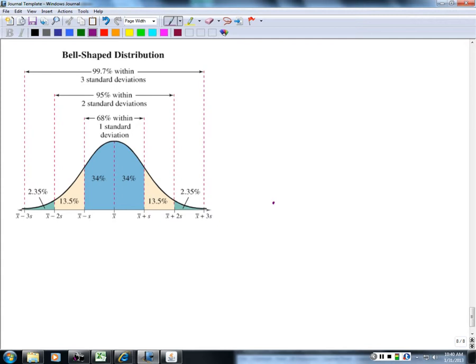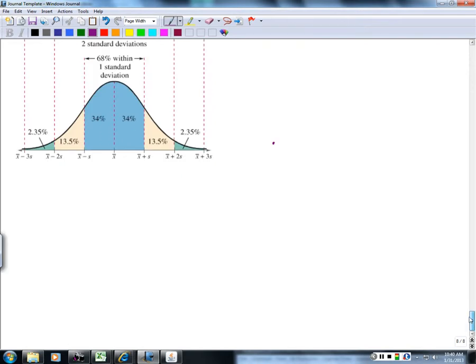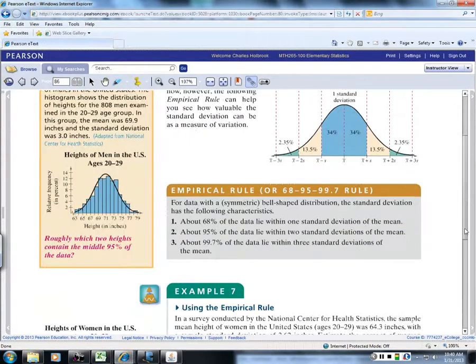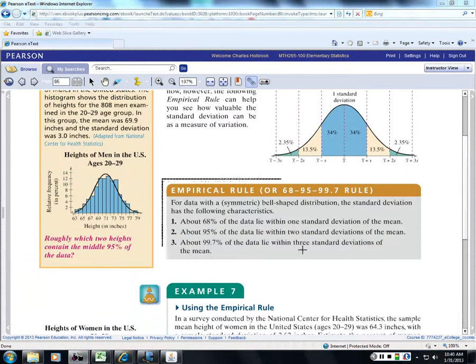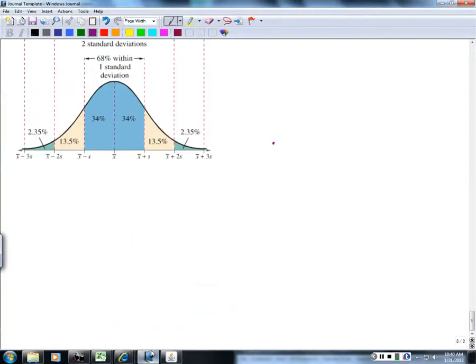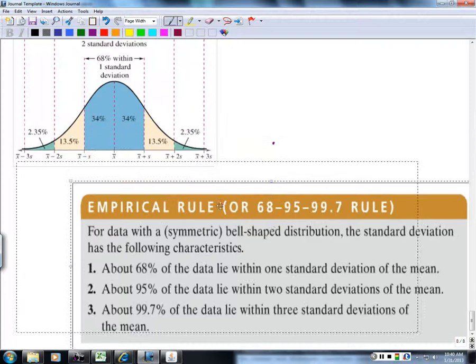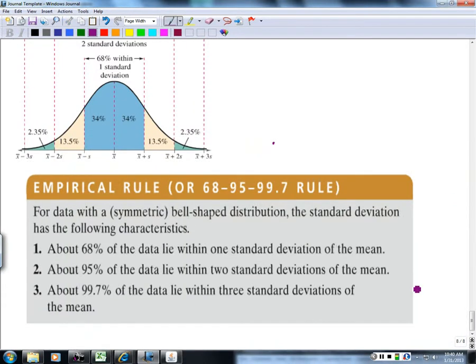That has been borne out over time by using careful studies. And this breaks down to something called the empirical rule.